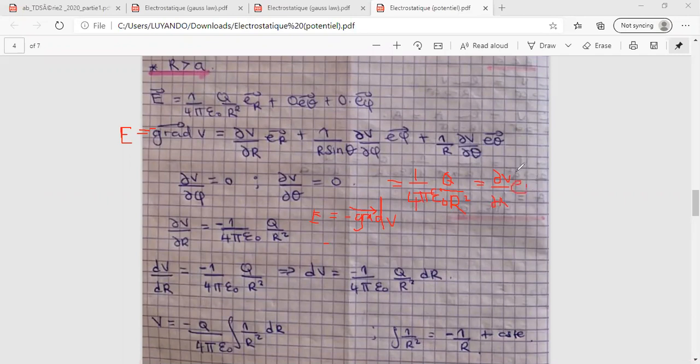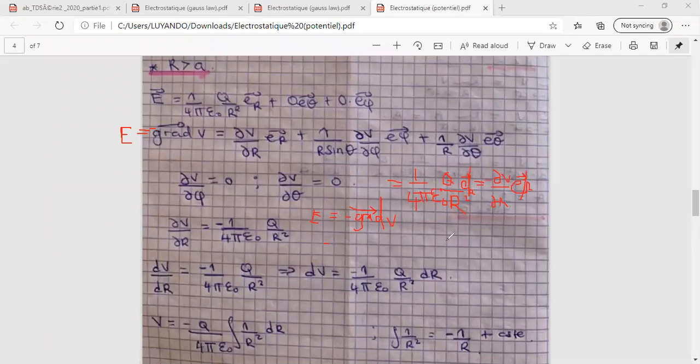We have the direction e_r there, and we also have the direction e_r here, so this and this will cancel. So our E is equal to negative grad V, so we're going to have a negative here.